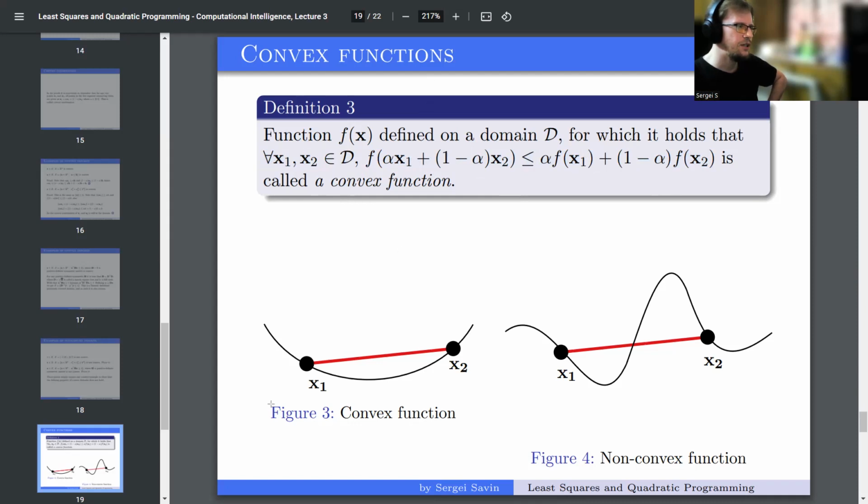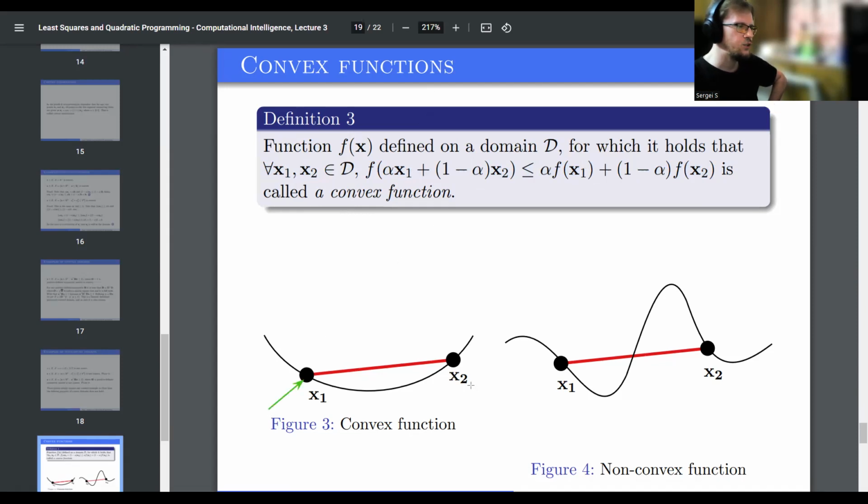Geometrically, it's very simple. So here are x1, x2 in the domain. Now, all of this are the values that the function takes when you input a convex combination of x1 and x2 into that function. So I'll color code it this way.